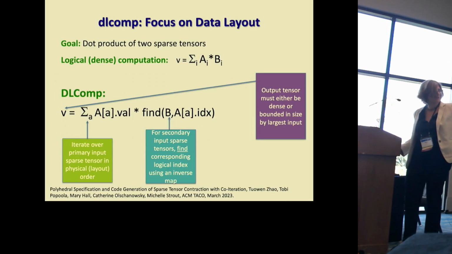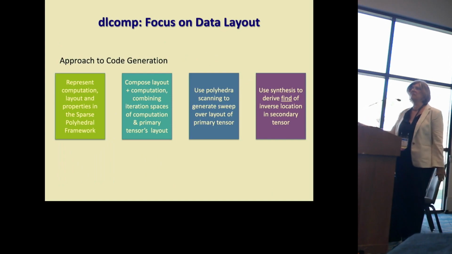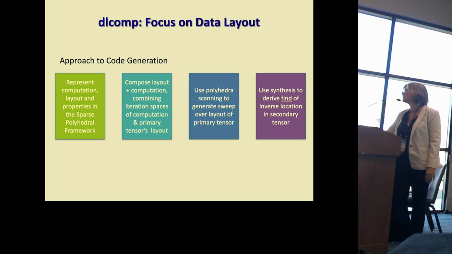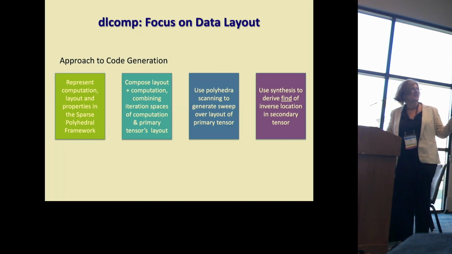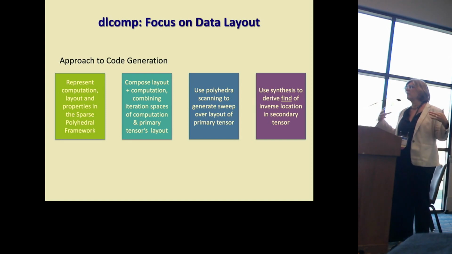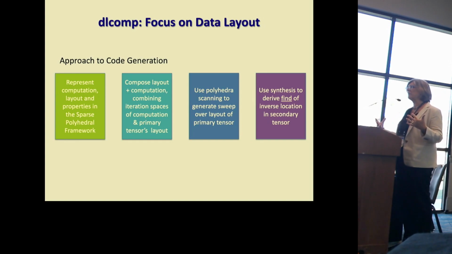And this is a reference to a paper that appeared in March. Okay, so this is where a 15-minute talk is very hard to dig into the details, but this is a very high-level summary of what the compiler does. So we are representing the computation, layout and properties of the layout in the sparse polyhedral framework. And so now we have a mathematical representation that describes the physical layout and its mapping to the logical iteration space.